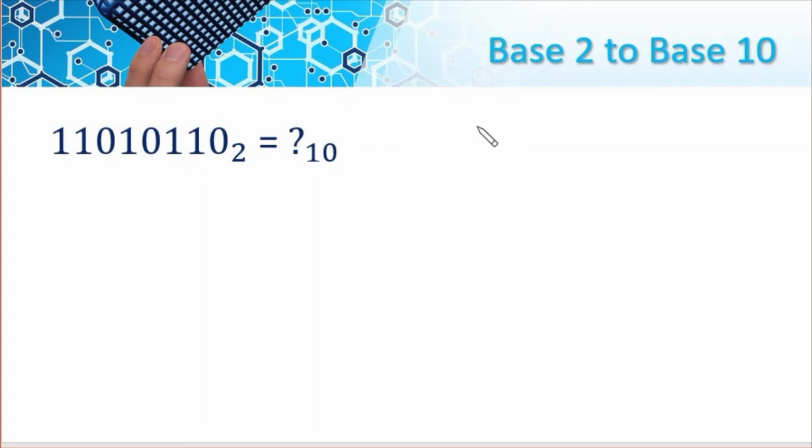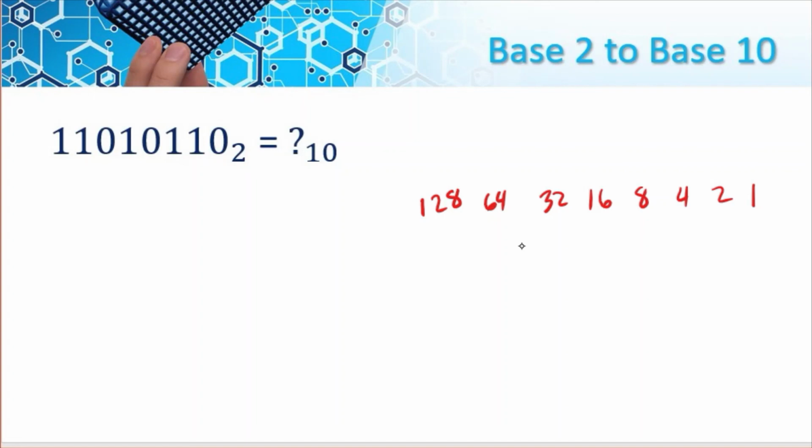First thing to do, class, what is it? We write the 1, 2, 4, 8, 16, 32, 64, and 128. I stop there because that matches the number of digits. If there is another digit, we proceed to the next. We multiply by 2 to get the next number.